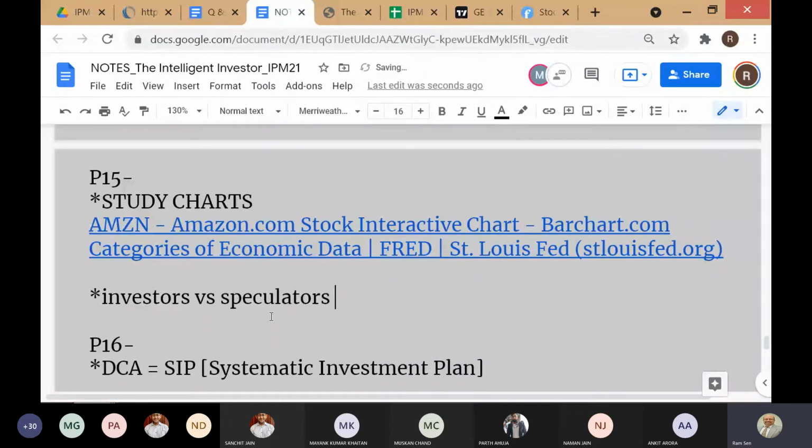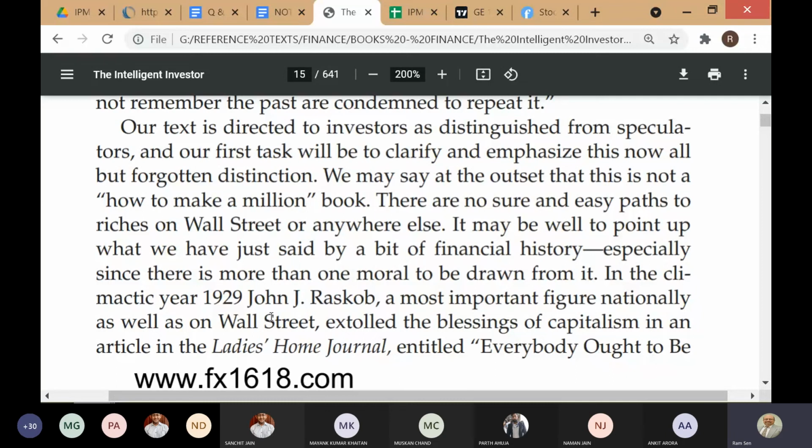Now, this is my view. Just notice here that he's making this point about investor versus speculator.